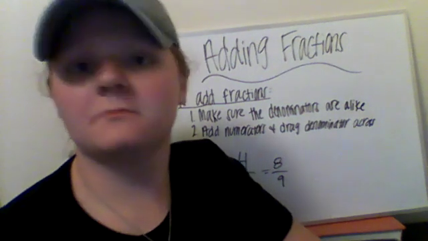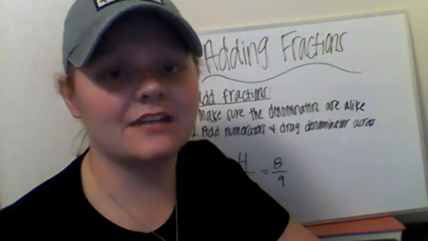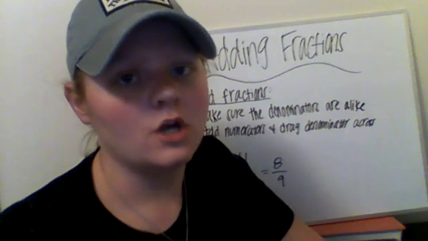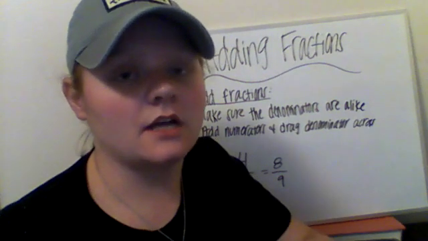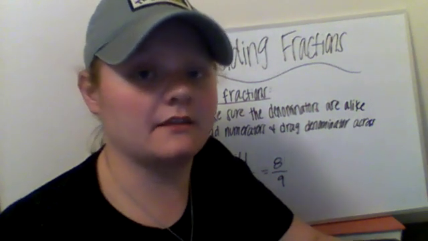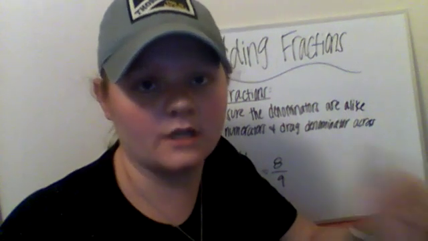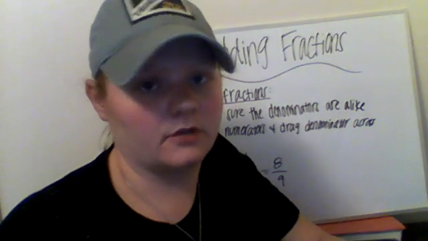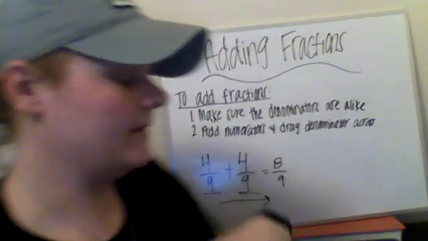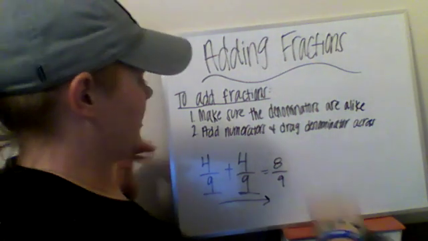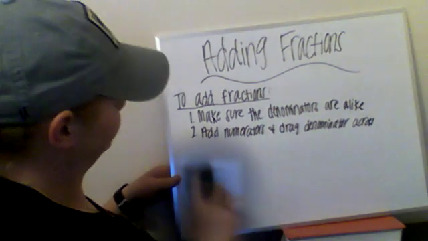You don't want to get a whole different answer that represents your whole. If you have unlike denominators and you spend time making them alike, you don't want to spend more time on getting a different whole or a different denominator. That's wasting more time. Okay, so let's go through a couple more examples.